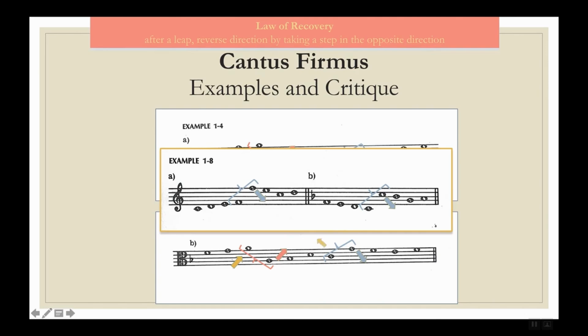So the law of recovery is even better if you don't just counter it in the opposite direction, but you move into it from the opposite direction. And so this one is just weird. But this one is quite nice. And it sounds all like one melody. Okay, so that's some subtle stuff, but hopefully you'll carry that with you your whole life when you're listening to the Beatles, for instance.